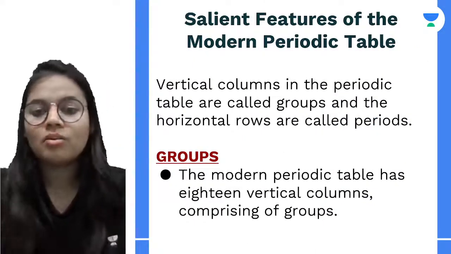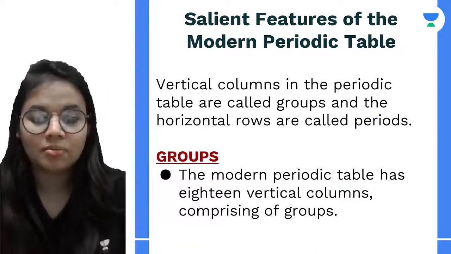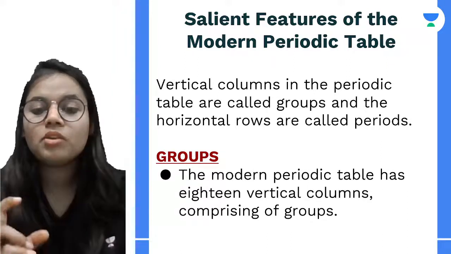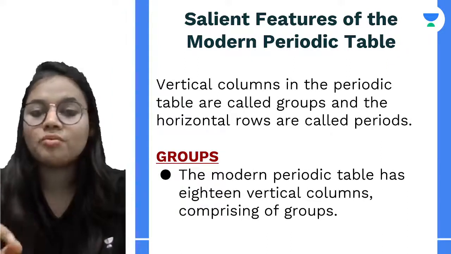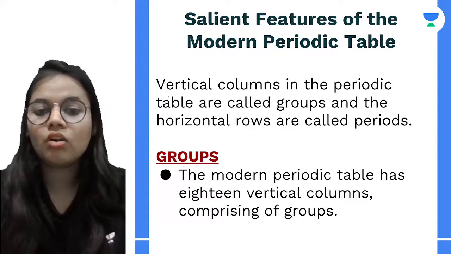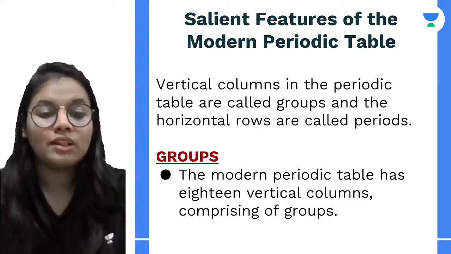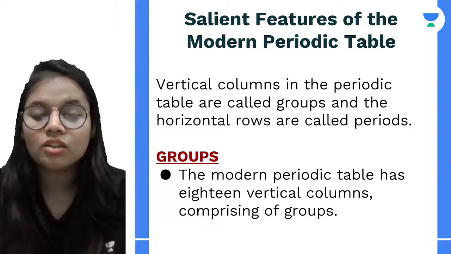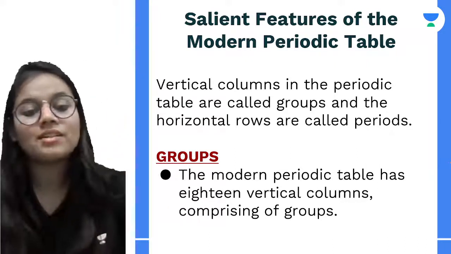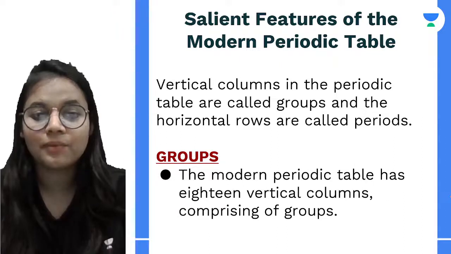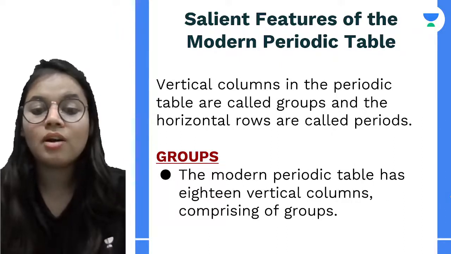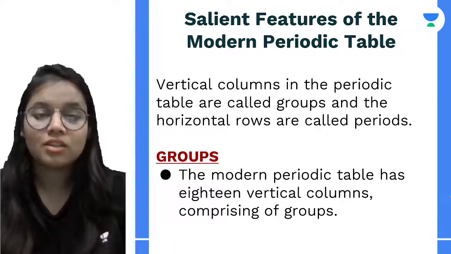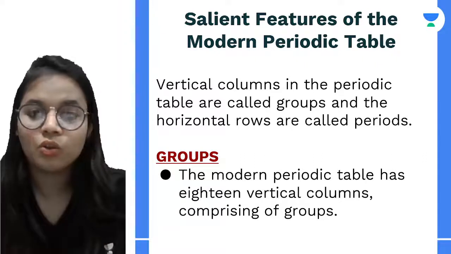Now let's talk about the features of the modern periodic table. Our modern periodic table is divided into groups and periods. The vertical columns, which run from top to bottom, are known as groups, and the horizontal rows running from left to right are known as periods. The modern periodic table has 18 groups.